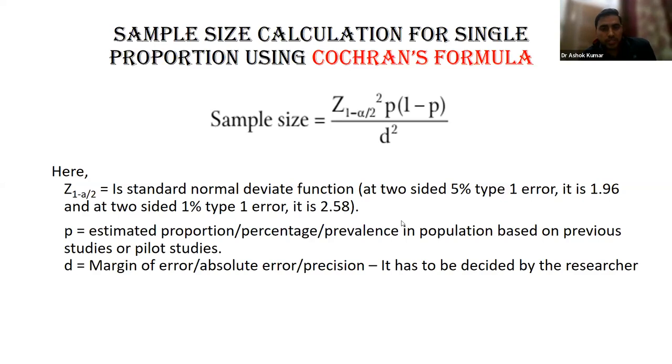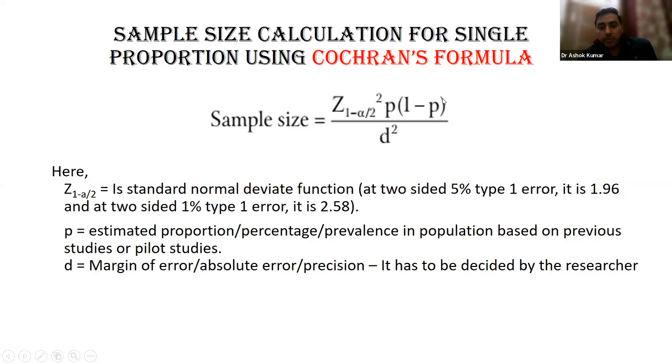So the sample size, the number of samples or participants, is greater than or equal to Z1 minus alpha by 2 squared, multiplied by P, then multiplied by 1 minus P, divided by D squared.